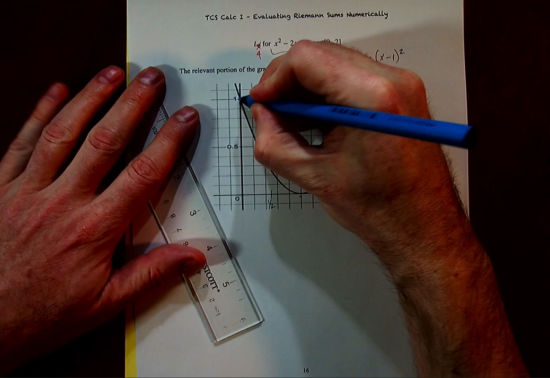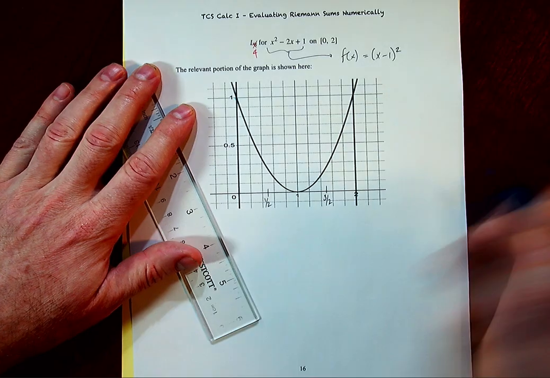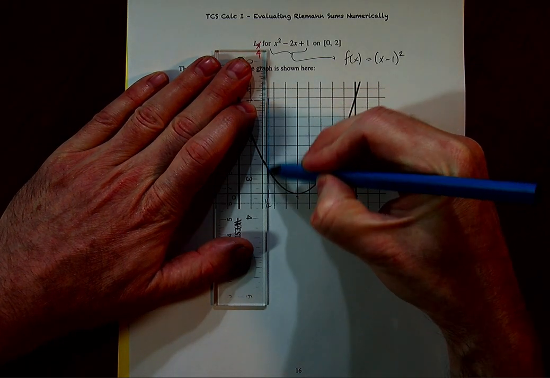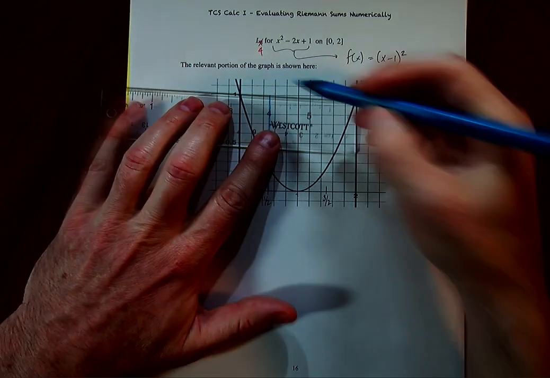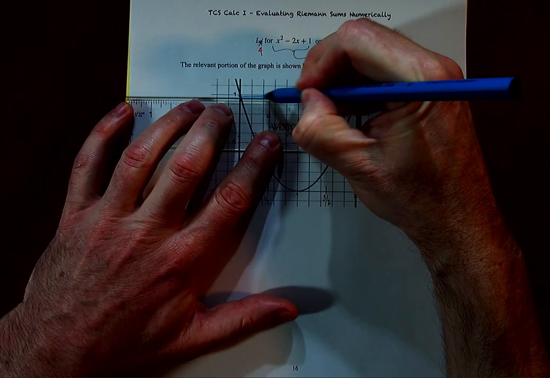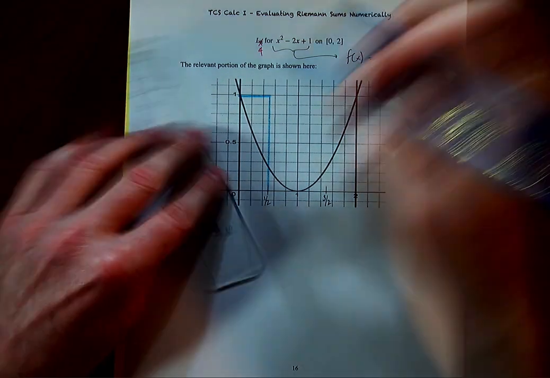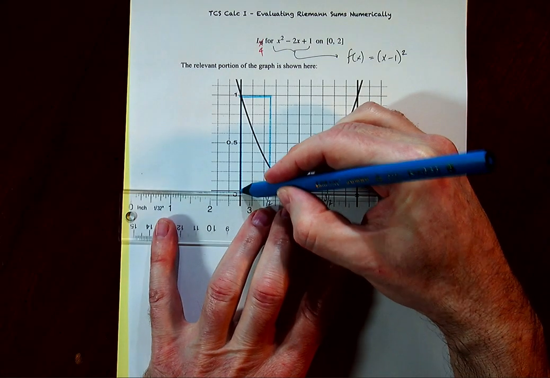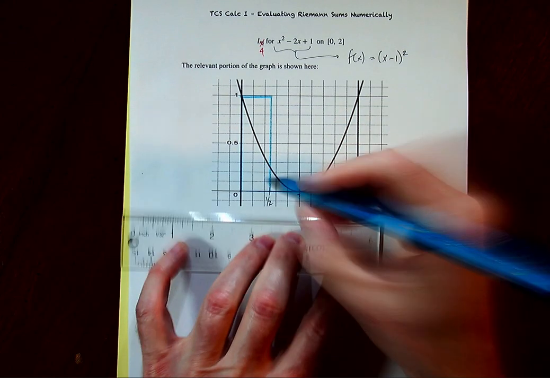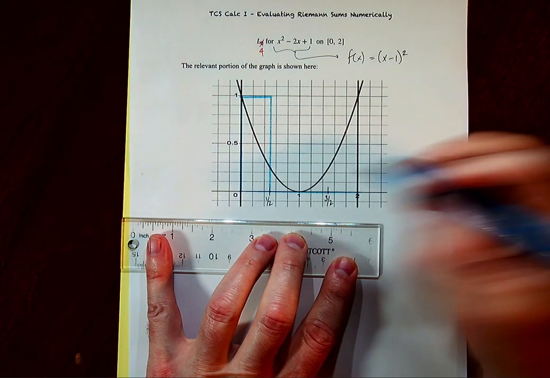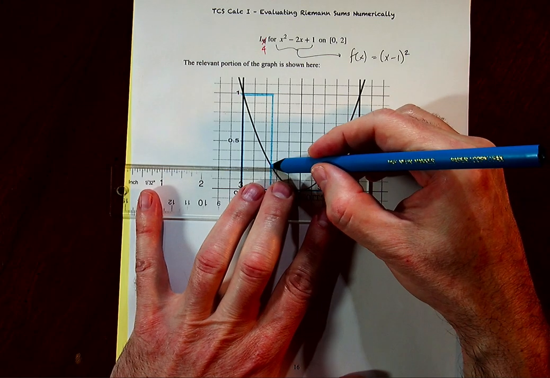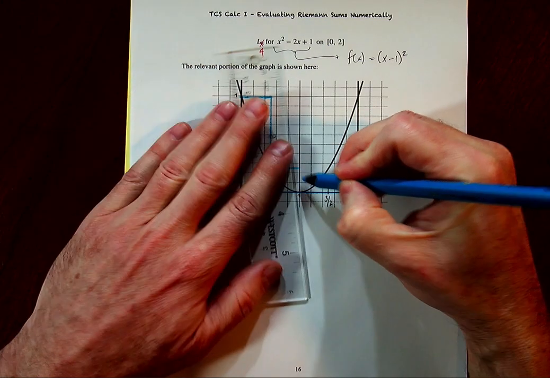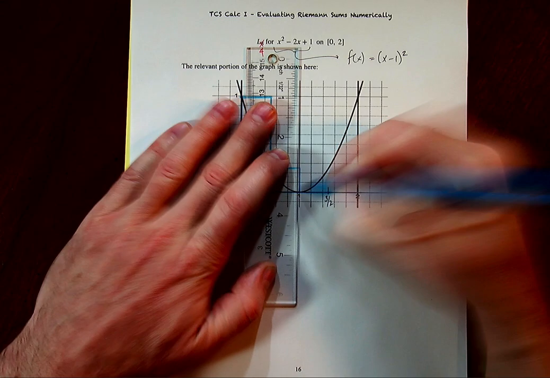Now, this right here is going to be the function value on the left-hand side of this first subinterval. So that is going to determine the height, right? That function value is going to determine the height. This right here is the left-hand function value for the second interval, spanning from 1/2 to 1, and therefore it determines the height of this rectangle.